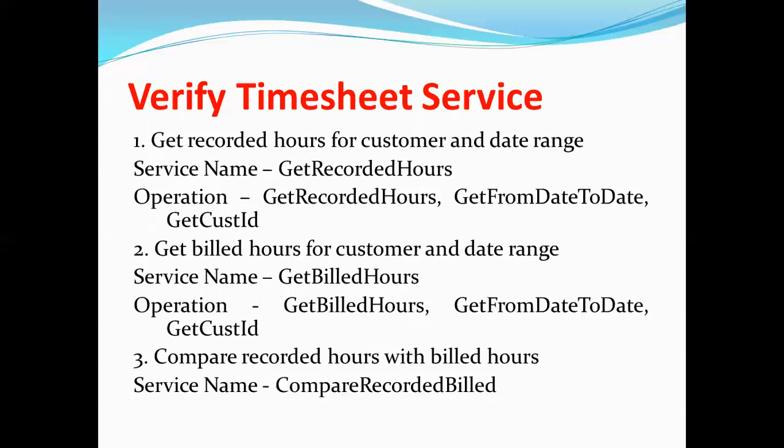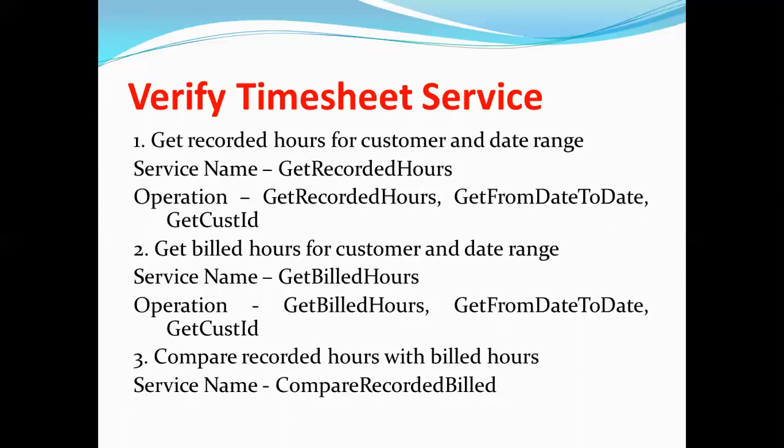The name of this service is given as compare recorded versus billed. If the recorded hours match the billed hours, then accept the timesheet. This is the process of identifying the services and the operations from the candidate services.